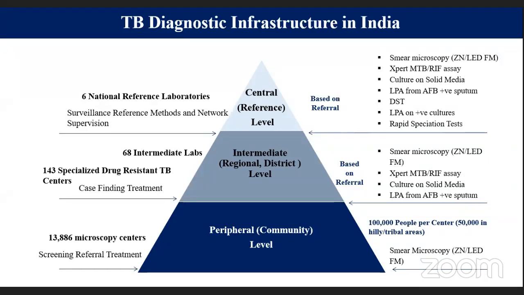By that time, a lot of infection can be spread easily. This culture test, however, is the most sensitive gold standard test. It is called the gold standard test because even if one bacillus is present and alive, it will grow and give the result. However, the time which the culture test takes is pretty high.